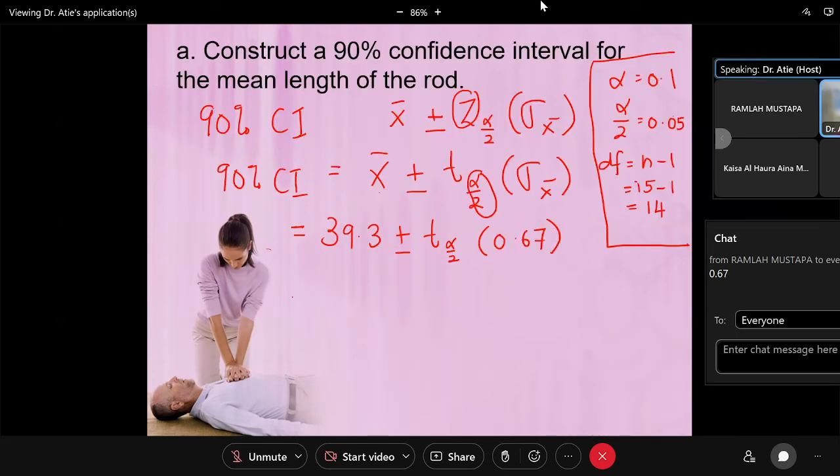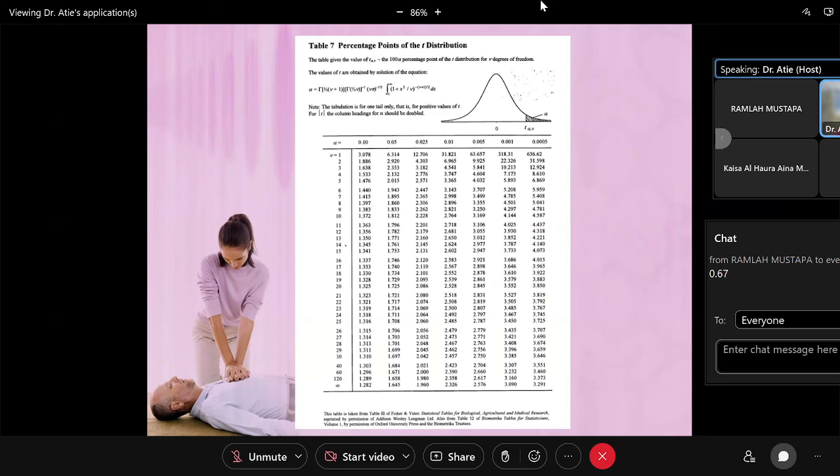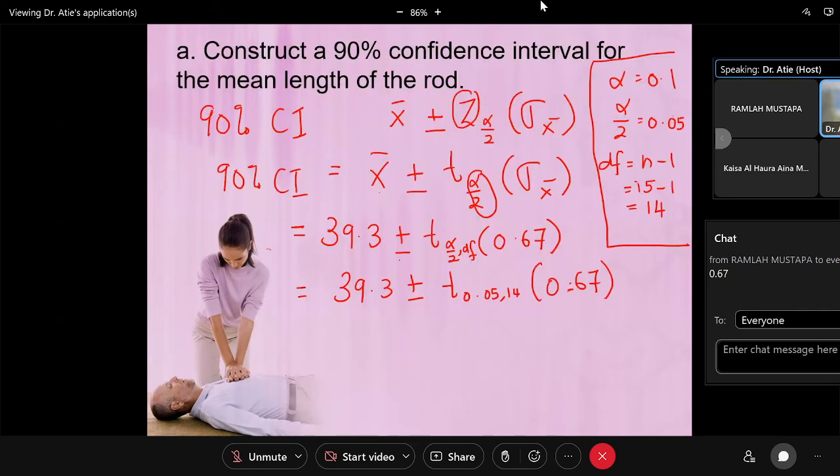And then we need to find the value for T 0.05, 14, where 14 is the df. So what you need to do, go to page 209, and then find 14 and 0.05. This will be the answer, 1.761. Okay, so you just plug this one in.